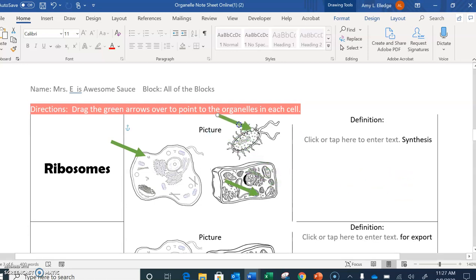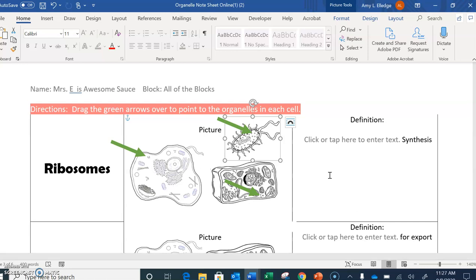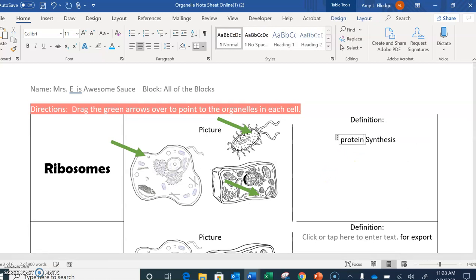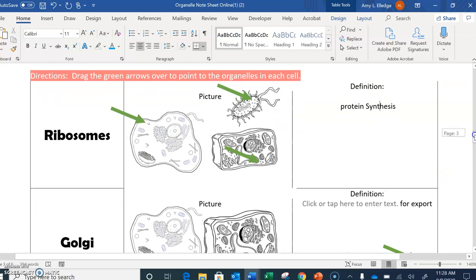And even prokaryotic cells have ribosomes. So ribosomes are not made out of folded membranes like a lot of our other organelles are. That distinguishes them from the other ones. But they have that super important job of protein synthesis. They make the proteins, and that's really, really important because remember, the bulk of your body is made out of proteins. Your enzymes are proteins. We got to have a lot of protein. All right, so that's the ribosomes. We got to know that guy.